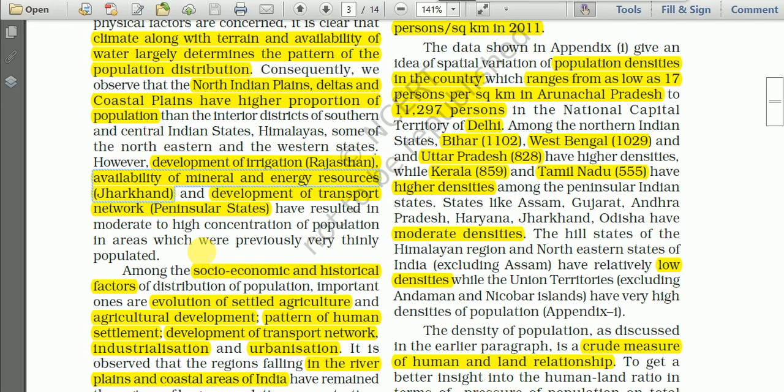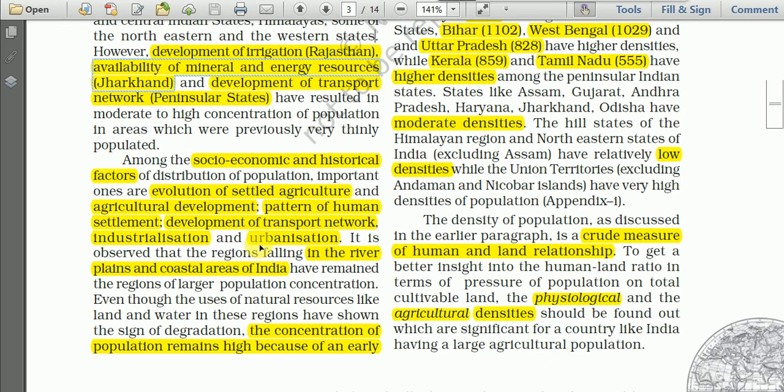Actually, these plateau areas were previously very thinly populated, but now due to the development of transport, the construction of the Indira Gandhi Canal in Rajasthan, and the extraction of minerals and energy resources in Jharkhand, the concentration of population has been increasing in these areas.